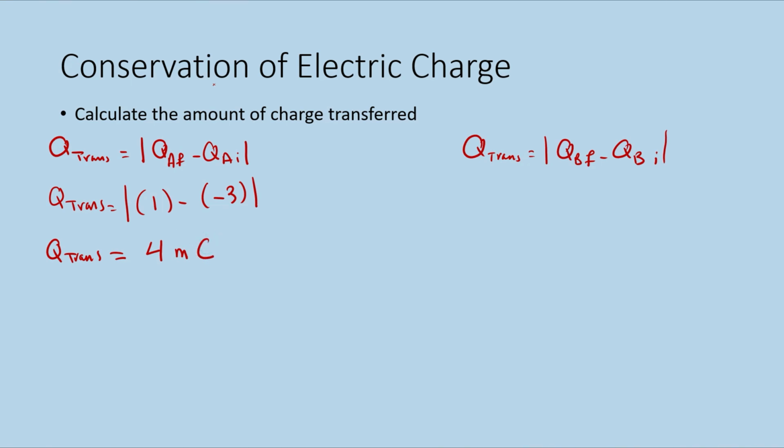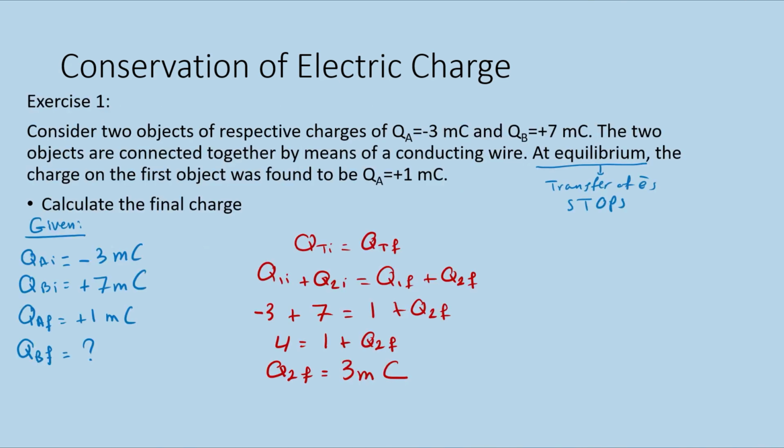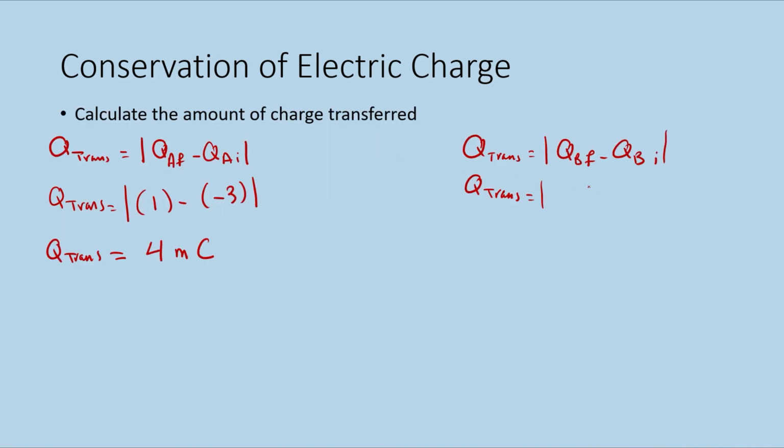Now, if we wanted to solve for B, Q transferred is equal to the absolute value of QB final, which we found as 3, minus QB initial, which was 7. So 3 minus 7, and we get 4 millicoulombs. So whether you use it for object A or object B, you should get the same answer.